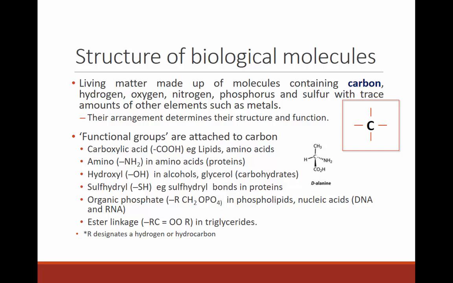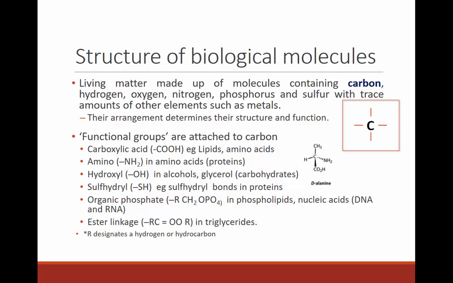And then for them to have an action, they have what's known as a functional group that's attached to the structure. And those functional groups can be carboxylic acid. So some molecules you might see written out longhand with COOH at the end, that's a carboxylic acid.